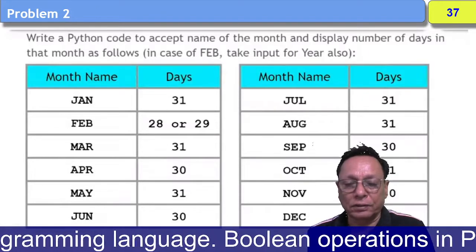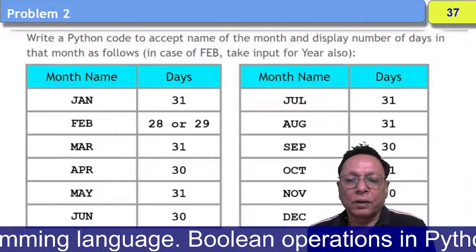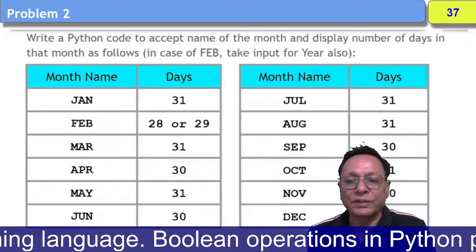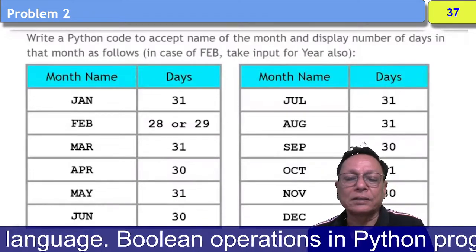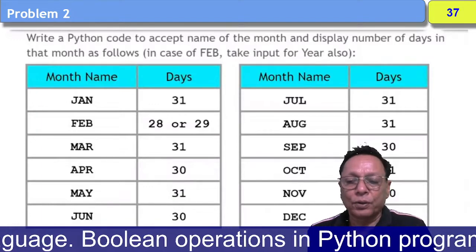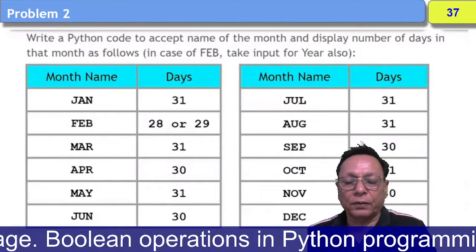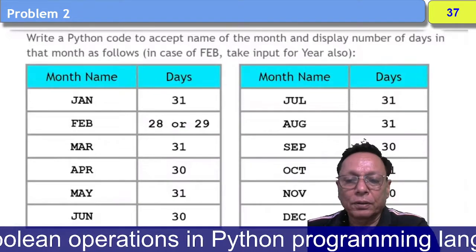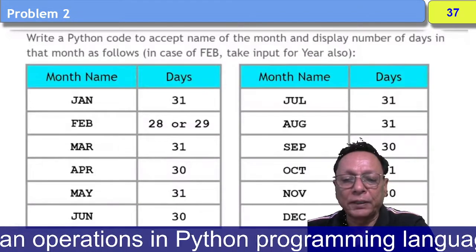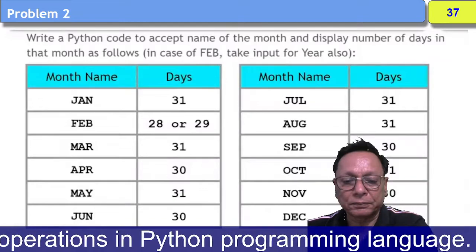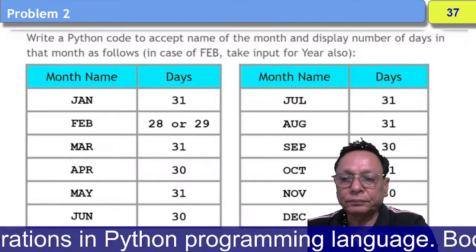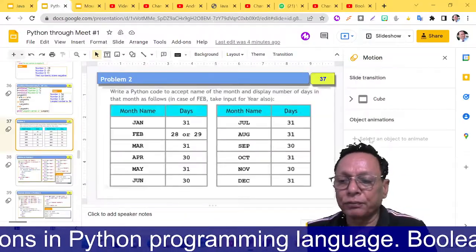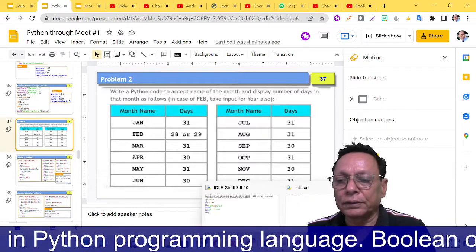For Feb, we'll check the year and whether it is a leap year or not. So we'll move to Python, and this way the program will be shortened.